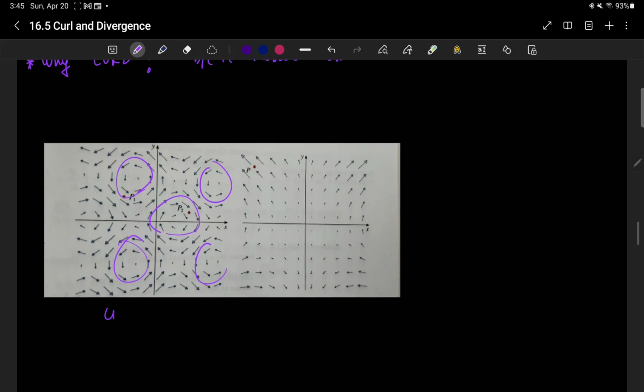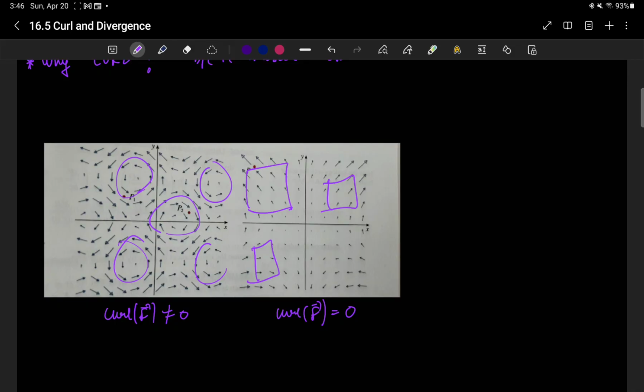So here, the curl of this vector field would not be 0. It would be some non-zero vector, because there are circular movements here. Whereas the curl over here would be 0, because if you look at any box here, things are either leaving or entering, and there is no definite rotational circular motion that is happening.